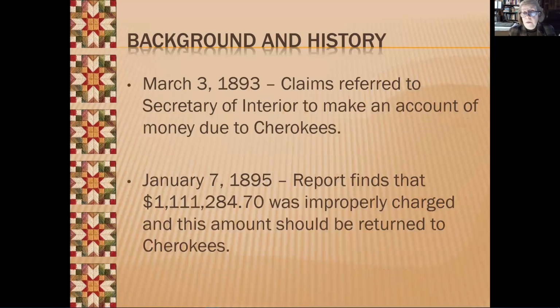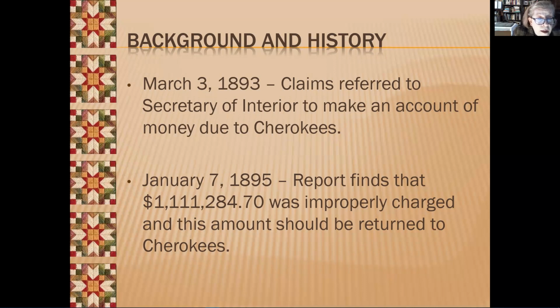Now we go from 1852 all the way to 1893. I have no clue what was going on in those years and why the Cherokees didn't follow through, or whose fault it was and who was supposed to follow through or any of that. But it wasn't until 1893 that the claims were referred to the Secretary of the Interior.